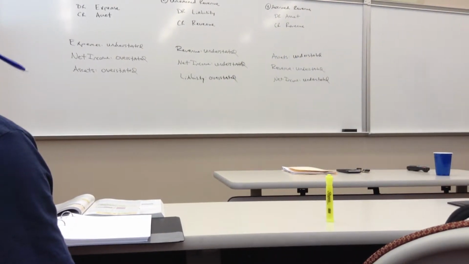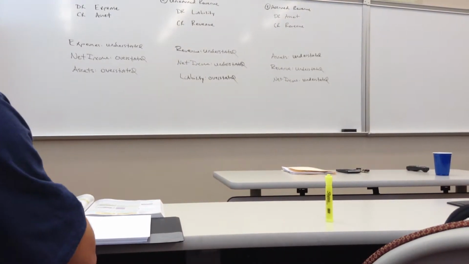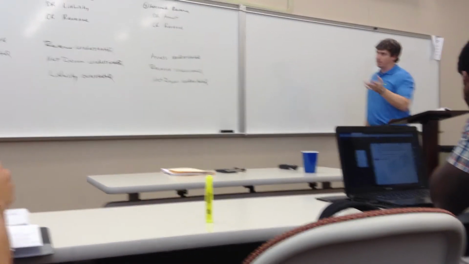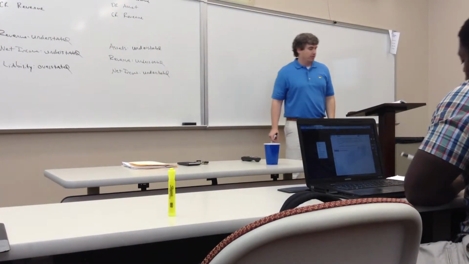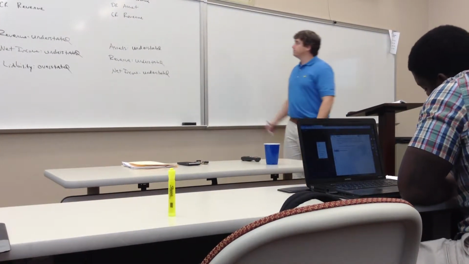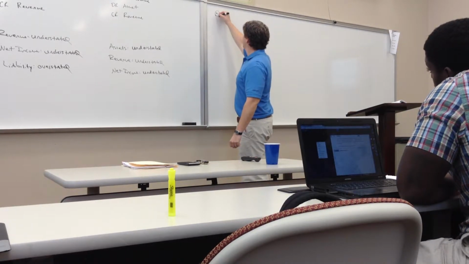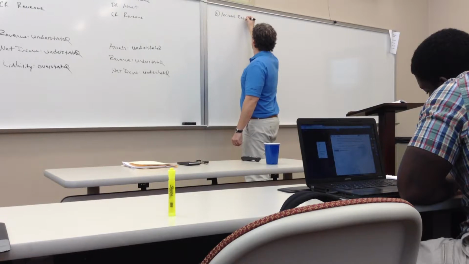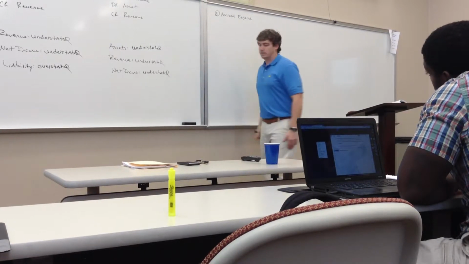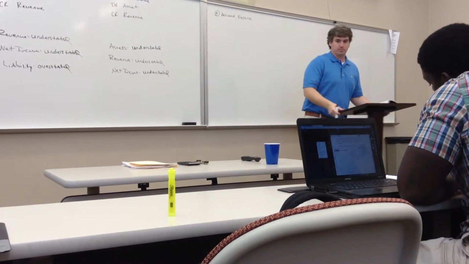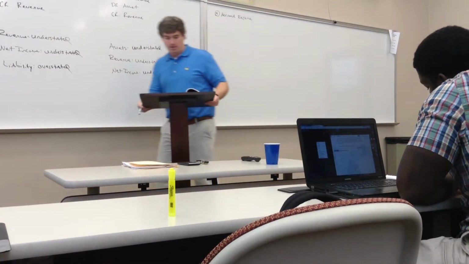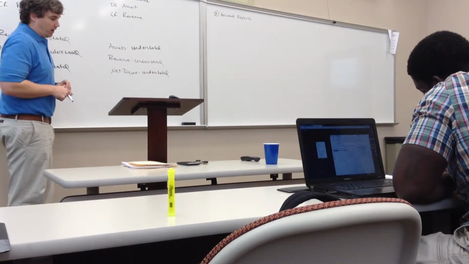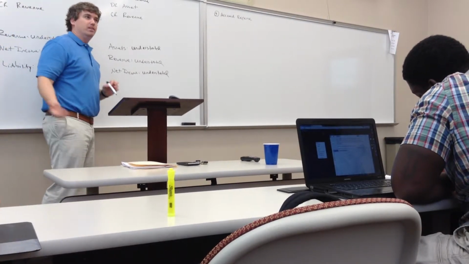So, now we know about three: prepaid expenses, accrued revenue, and unearned revenue. The fourth type is accrued expense. Accrued expenses are covered on page 115 if you need something to come back to.